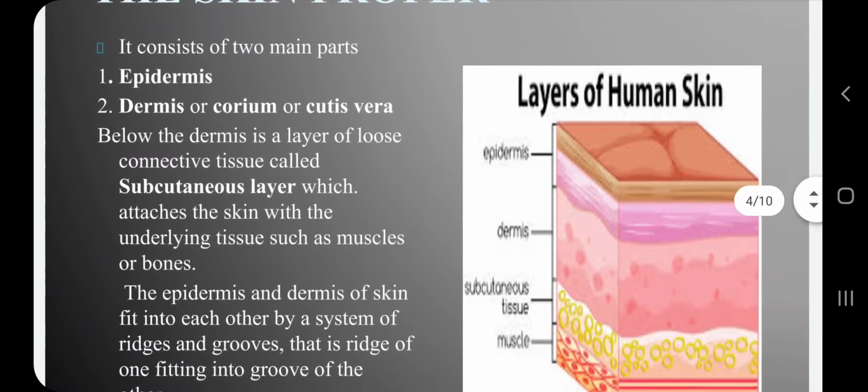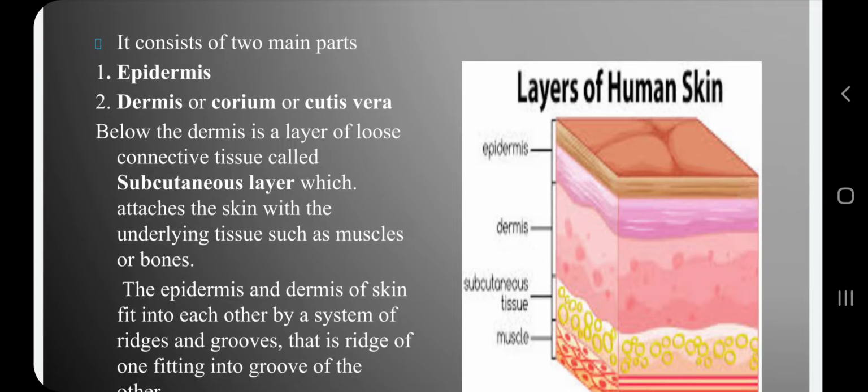This is the general view of the skin, where you can see epidermis as the outermost layer, below it is dermis, and below the dermis there is the subcutaneous tissue or subcutaneous layer, which stores fats also and attaches the layers of the skin with the muscles beneath, and these muscles are again attached with the bone below. In this way all these parts of the body are attached with each other.